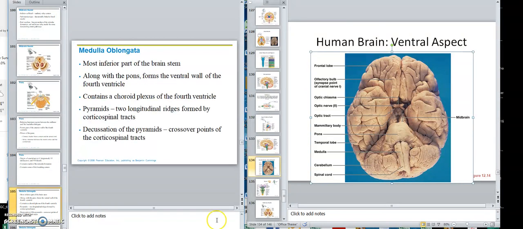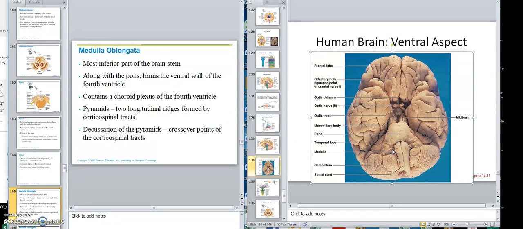Then we get to the medulla oblongata, oblong area. Most inferior part of the brainstem, along with the pons, forms the ventral wall, and contains the choroid plexus of the fourth ventricle. Remember, the choroid plexus is where you develop some of the cerebrospinal fluid. Has the pyramids. Two ridges formed by corticospinal tracts.